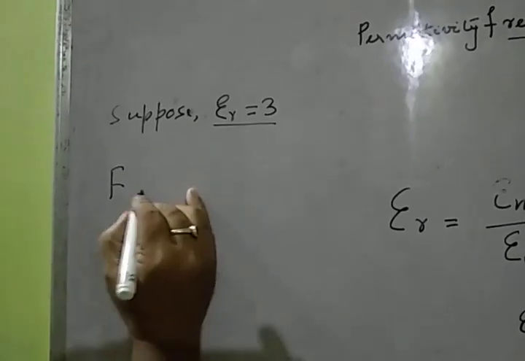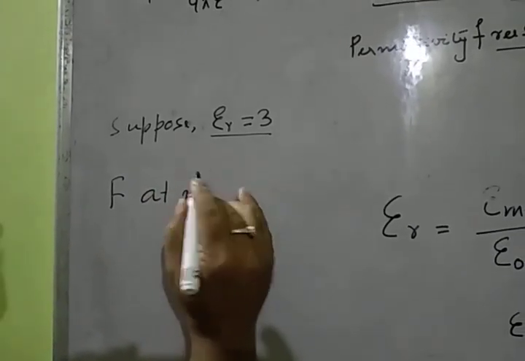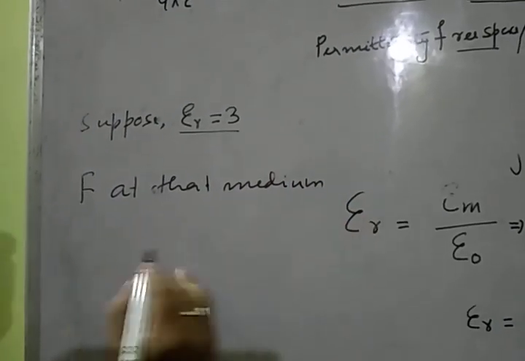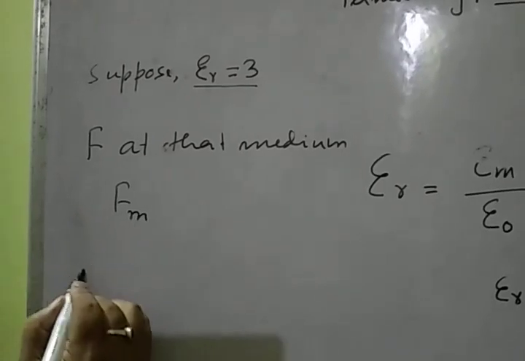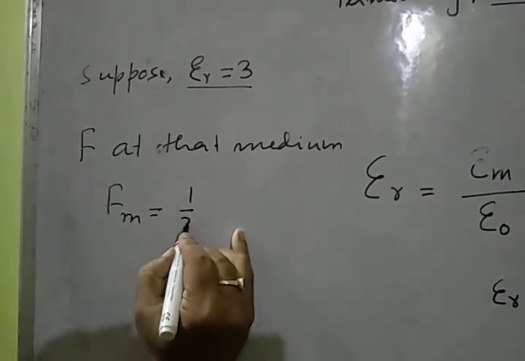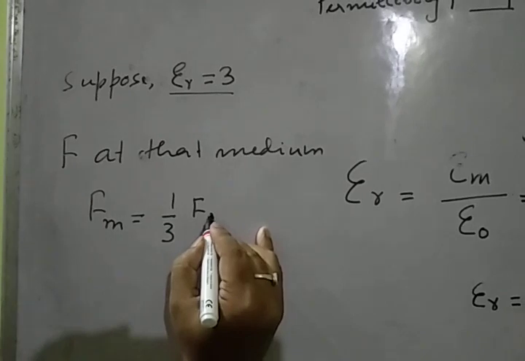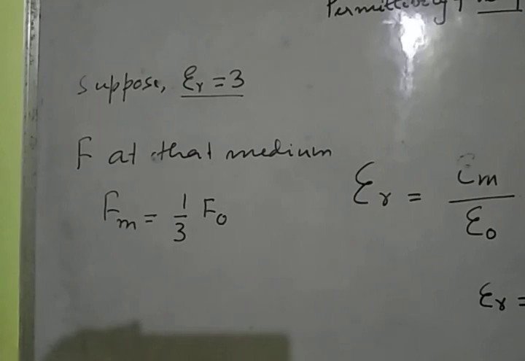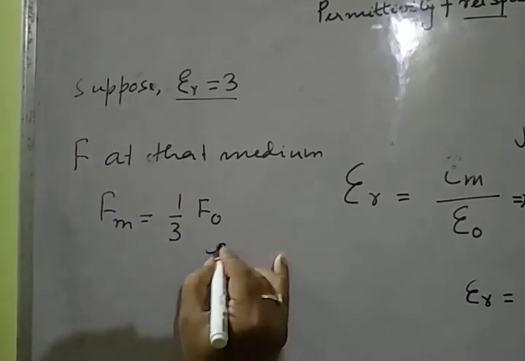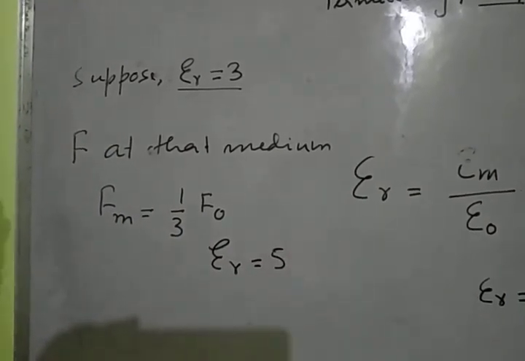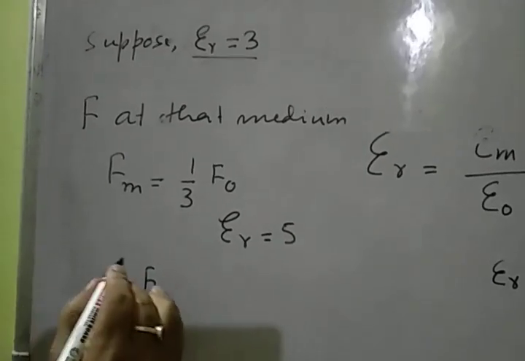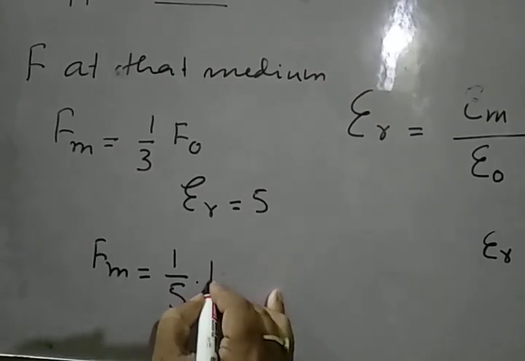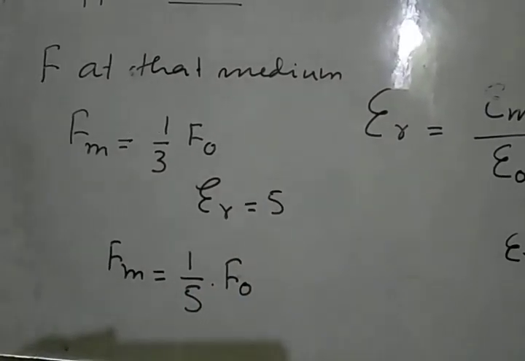Then the electrostatic force in that medium, Fm, is 1/3 of the force of attraction or repulsion in free space or air. If relative permittivity is 5, the electrostatic force in that medium is 1/5 of the electrostatic force in free space or air.